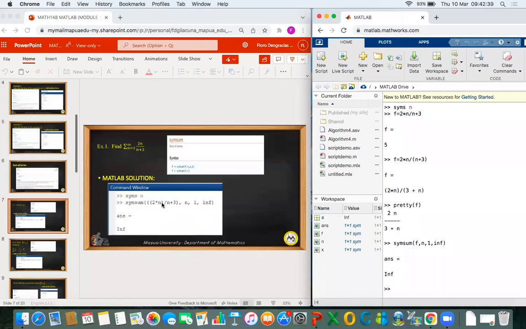By the way, you can directly input the series or expression on your syntax here, class. So as you can see, symsum, then you have your expression. If you notice, class, the one that has parentheses is 2 asterisks n.